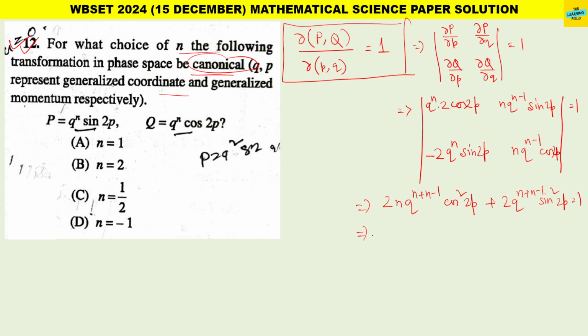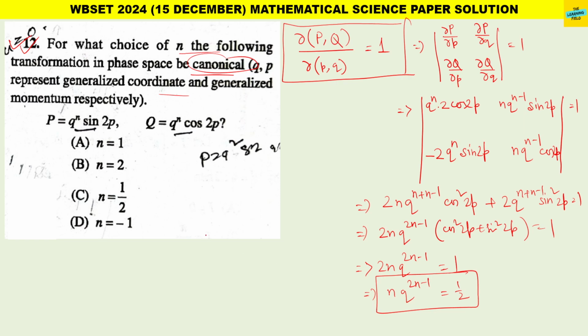Actually, we take 2n q^(2n-1) common, times cos² 2p plus sin² 2p, which is equal to 1. This implies 2n q^(2n-1) equals 1. This implies n q^(2n-1) is equal to 1/2.